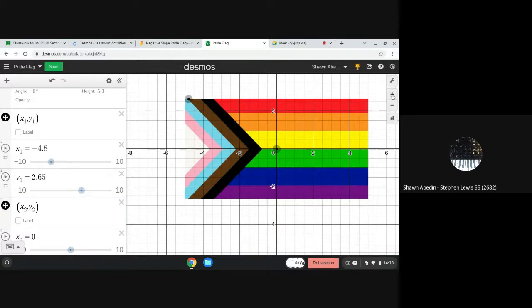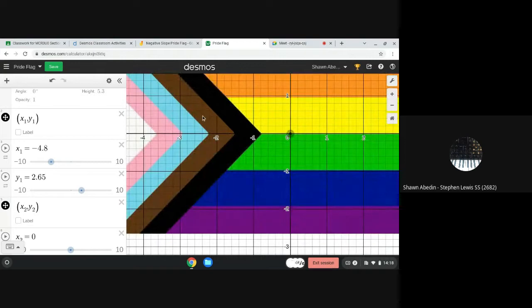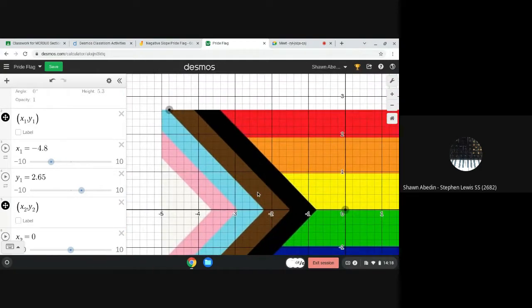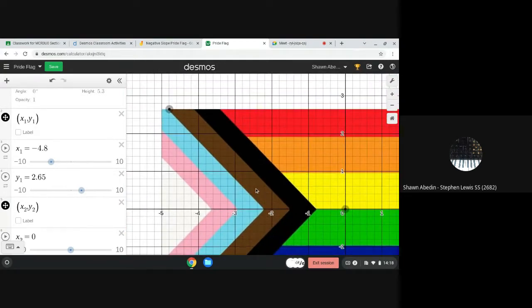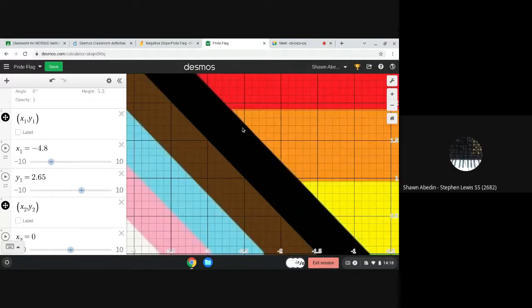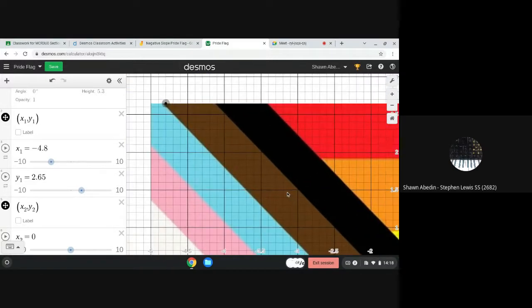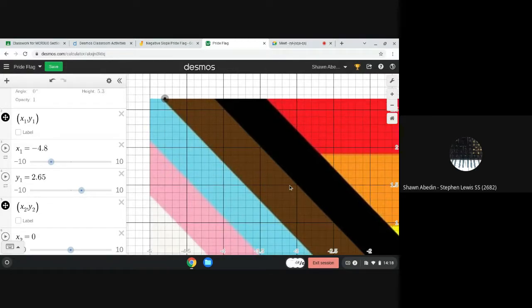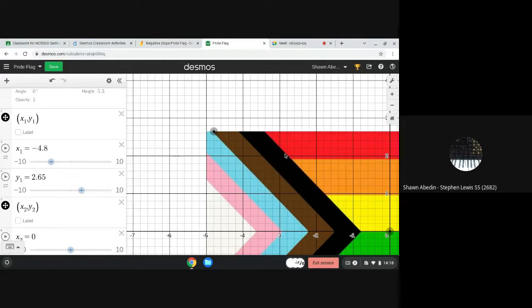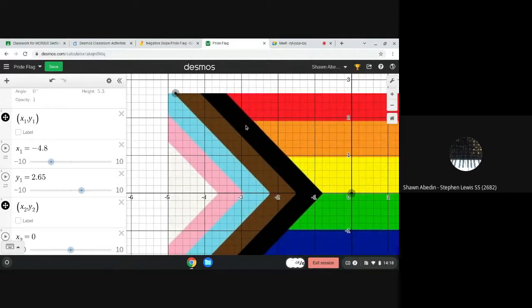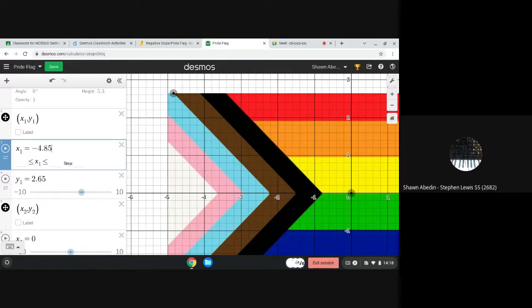But if we zoom in a little bit, which sometimes can help, I think we can notice that maybe, and we're not always going to be laser accurate, but I think -4.85 will suffice. So I'm going to go here. Mouse in, put 5. Okay.